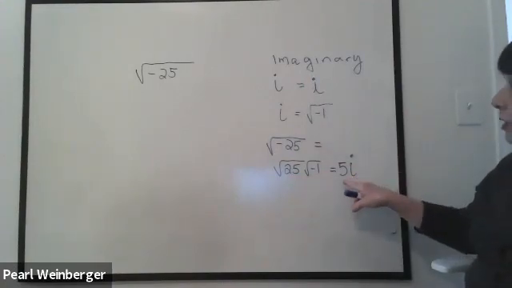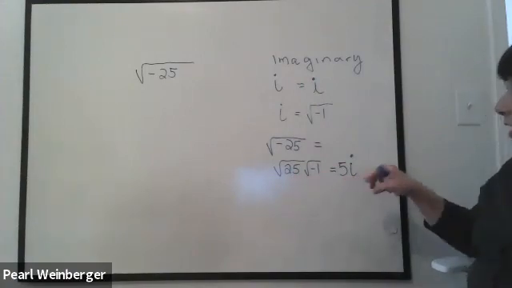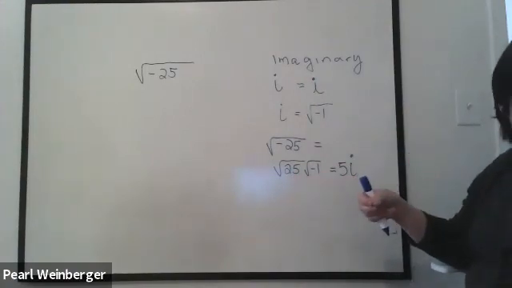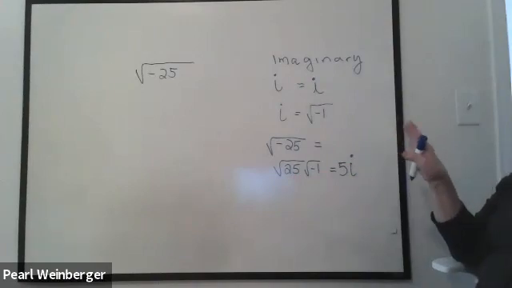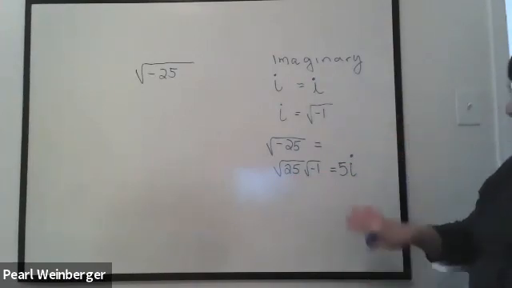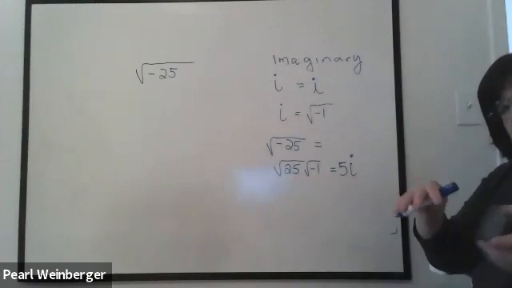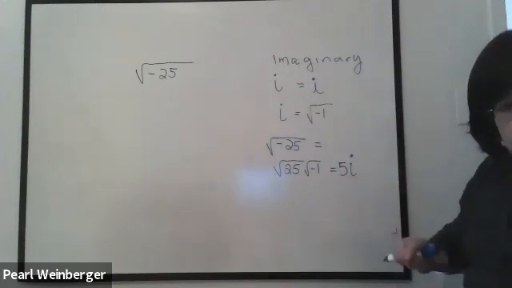The square root of negative 25 is 5i. In other words, it's a new number, and it only works in this new number system. I can't talk about 5i in the regular, what we call real number system.